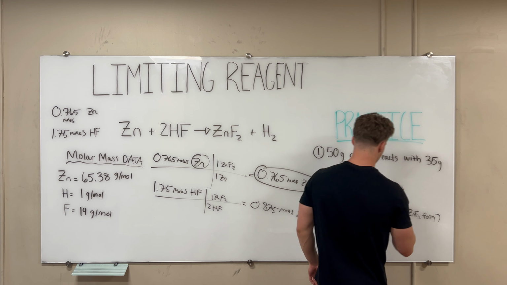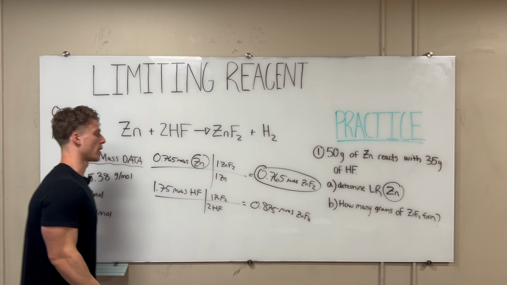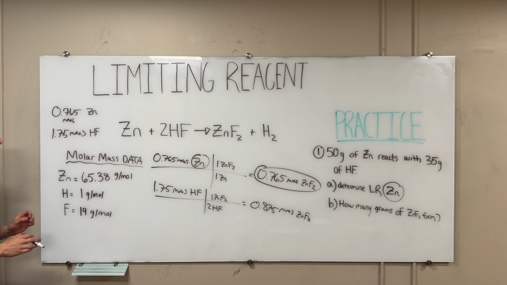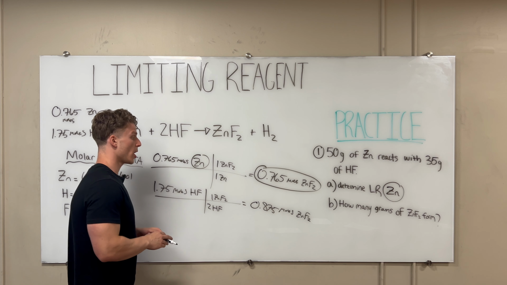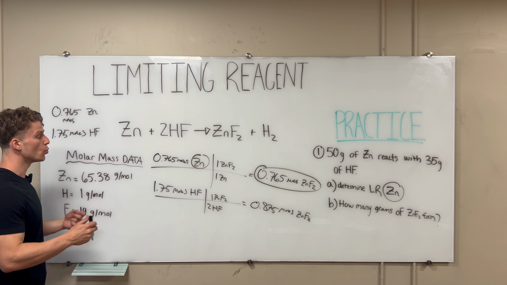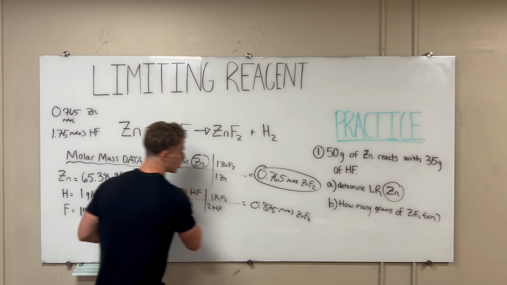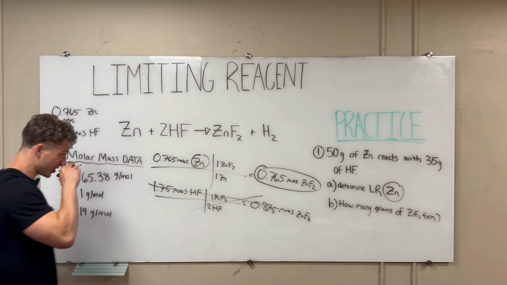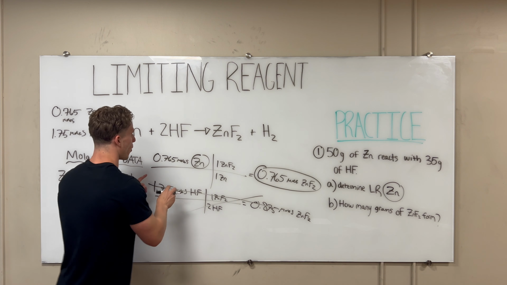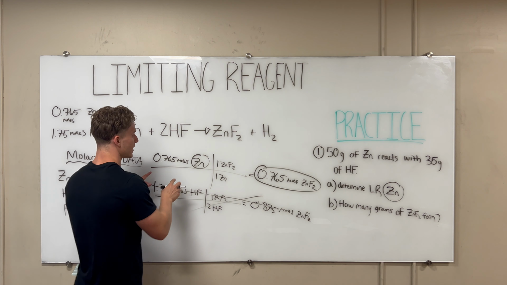How many grams of ZnF2 are going to form? When it asks how much of something is going to form, you need to use your limiting reagent to calculate that. So we actually don't care about this when we go to solve for this, and we can see that we're going to make 0.765 moles of ZnF2.